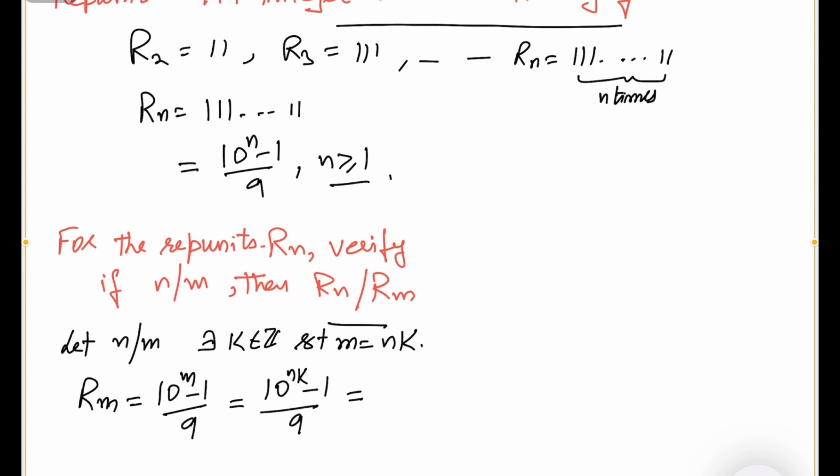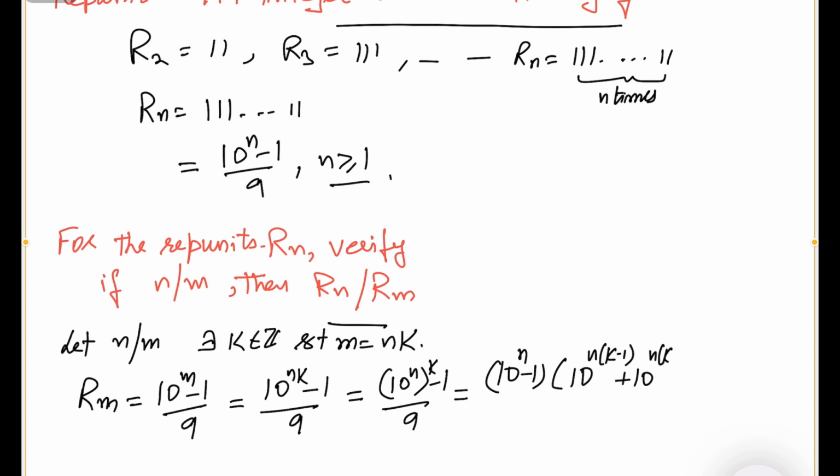factorizing 10 power nk as (10 power n) power k, minus 1 by 9, as (10 power n minus 1) into (10 power n(k-1) plus 10 power n(k-2) up to 1) by 9. Now combining this is Rn.